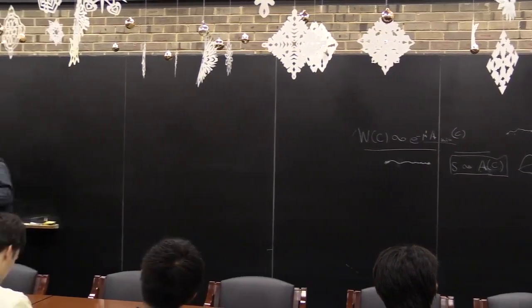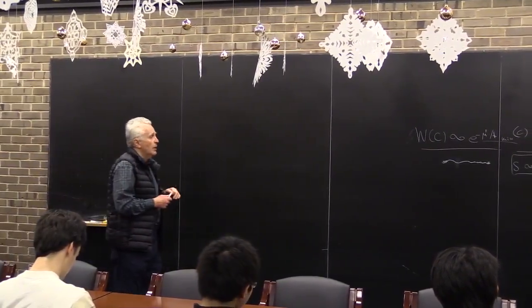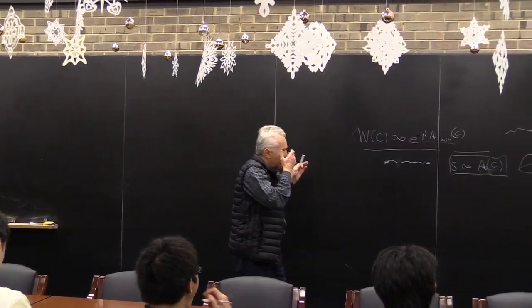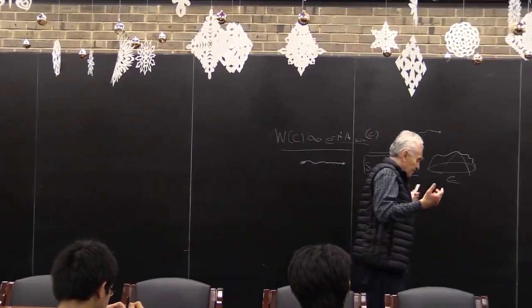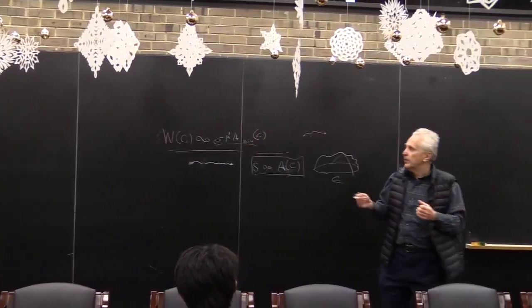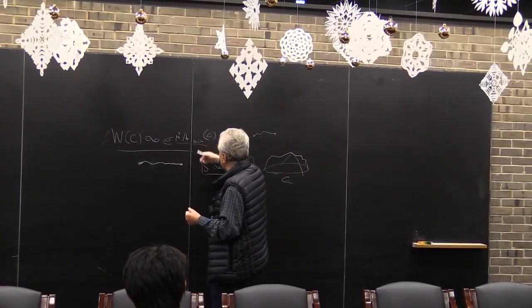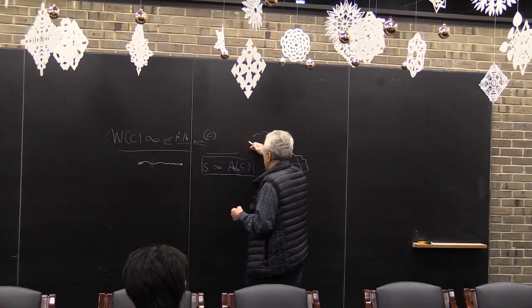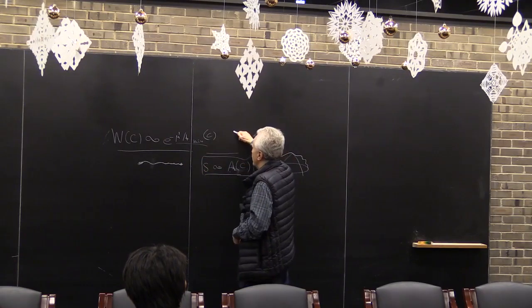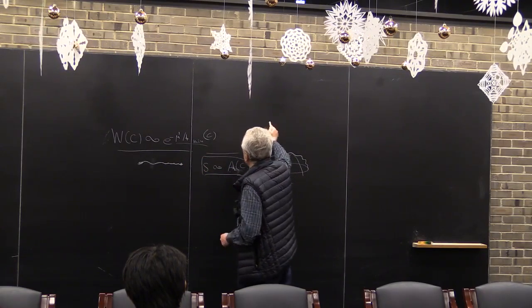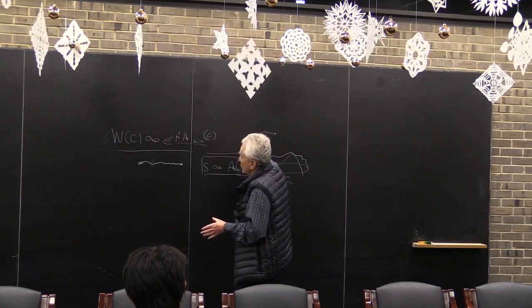We will be discussing it next time in more detail in connection with gauge string duality, but in essence, instead of dealing with fields describing the electromagnetic action, you replace it.